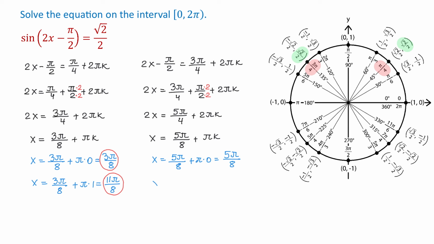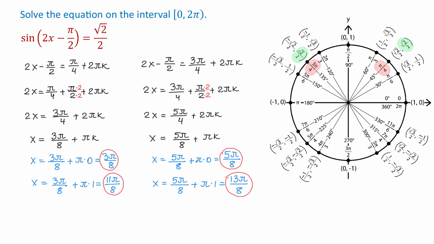Now let's replace k with 1, so we will have 5 pi over 8 plus pi times 1, and this equals 13 pi over 8. And both these values are on the interval from 0 to 2 pi. And now if we try to replace k with 2, then we will get a value that will be greater than 2 pi. So then, these are the only solutions on the interval from 0 to 2 pi.